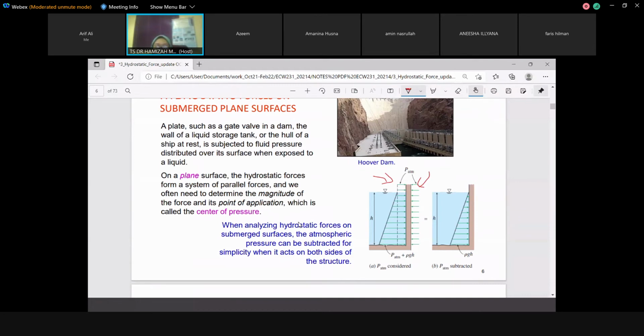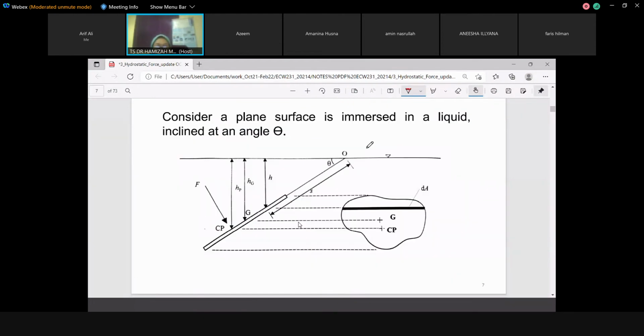So outside is a pressure atmosphere plus the gauge pressure, which is fluid pressure. So let's see on this. Basically, this is an inclined plane. So you have the angle here. And this is the symbol for water surface.